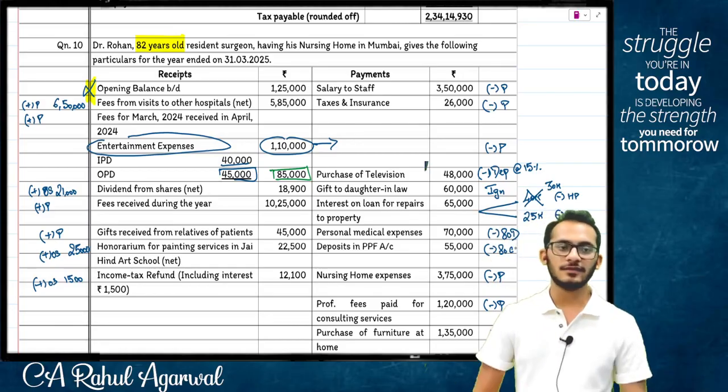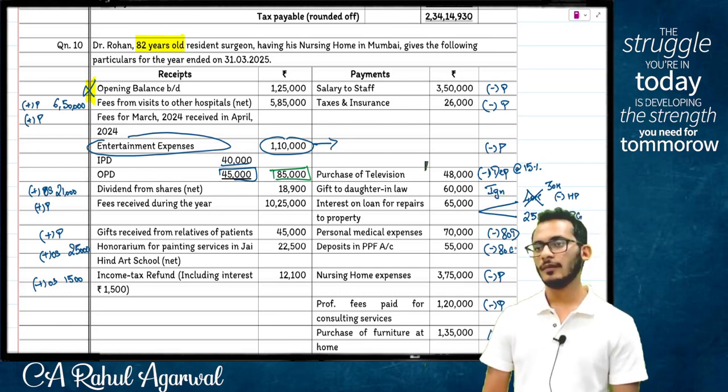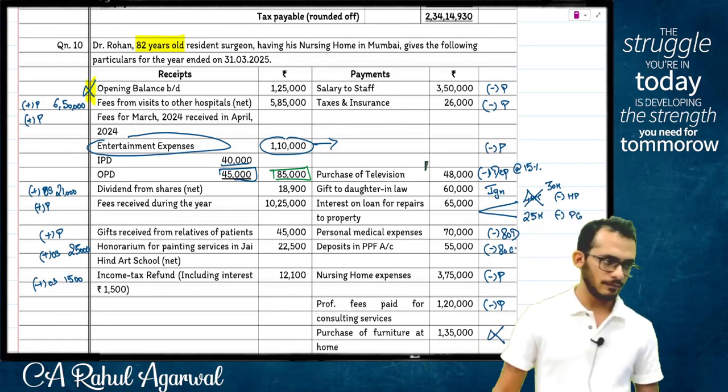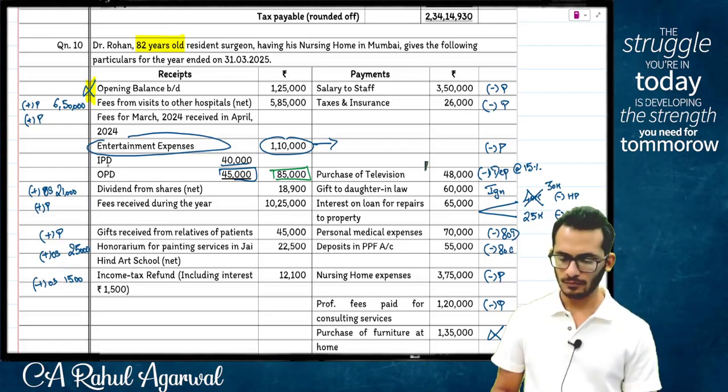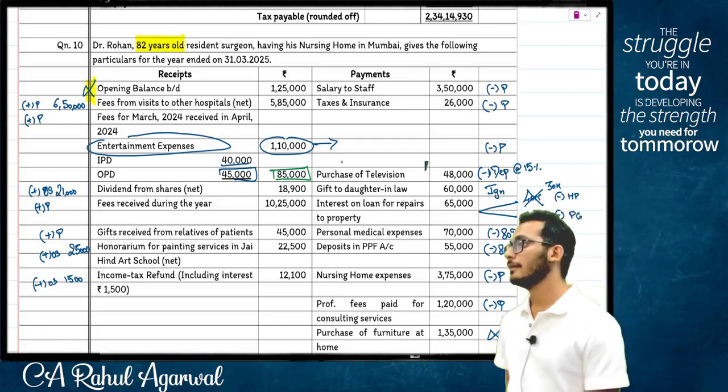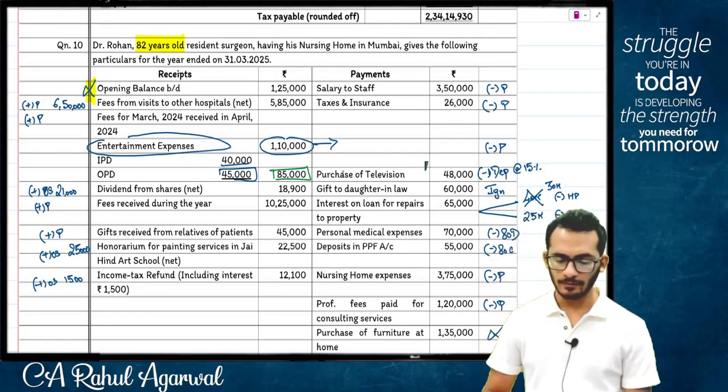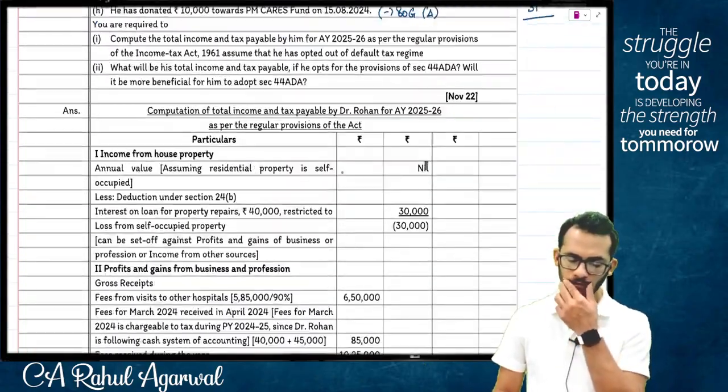Particulars. 3 columns. Income from house property.